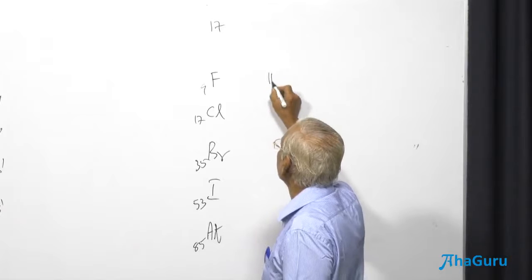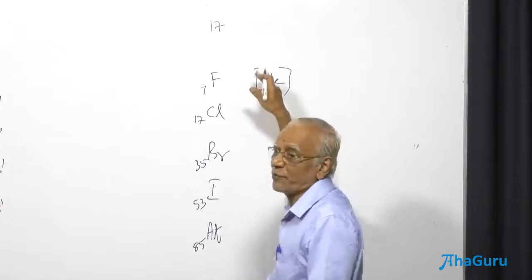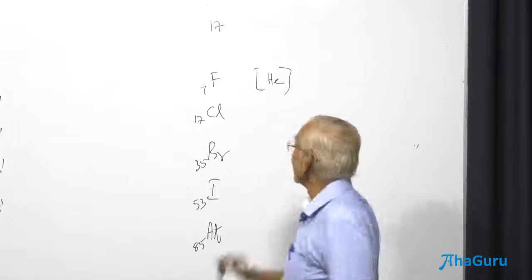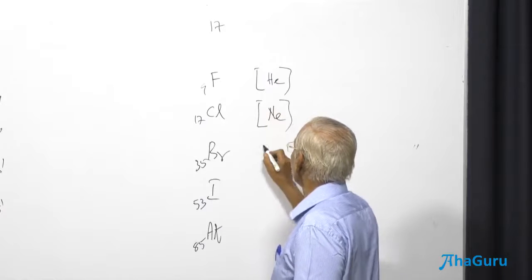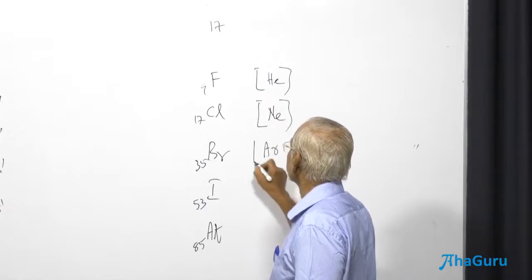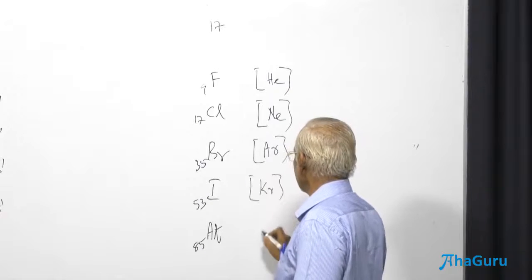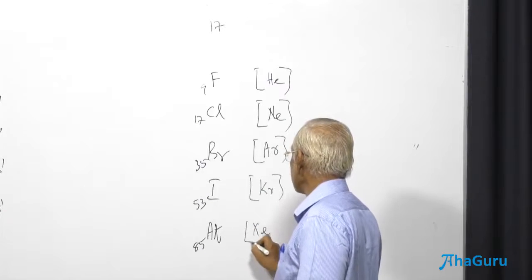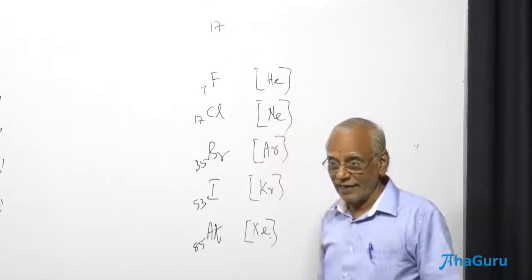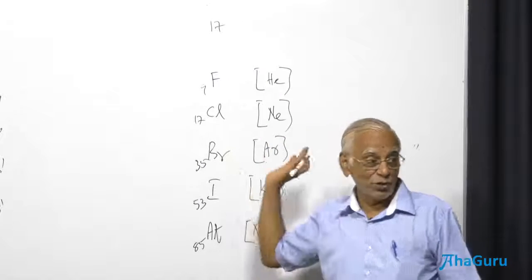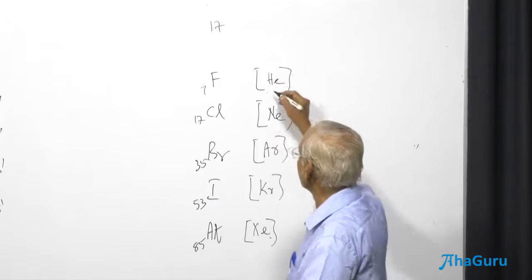Therefore, let me first put the nucleus: helium, neon, argon, krypton. I should have xenon nucleus, and then let me also include the atomic number. We should be able to tally.